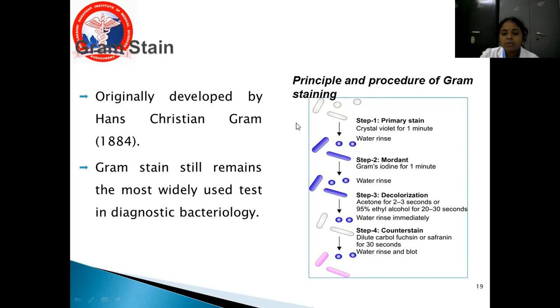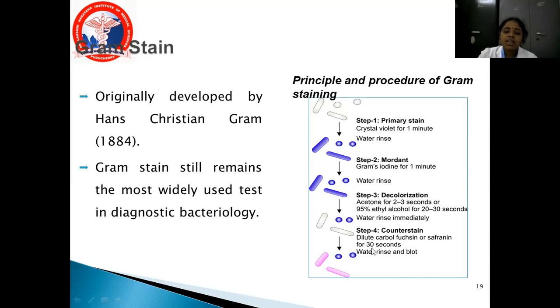So in case of gram positive, what happened? The primary dye itself is tightly bound to the thick peptidoglycan layer, and while adding the mordant also, it forms a very tight bond. The CVI complex is tightly bound to the peptidoglycan layer. So in the third step, it resists decolorization. Decolorization won't occur.